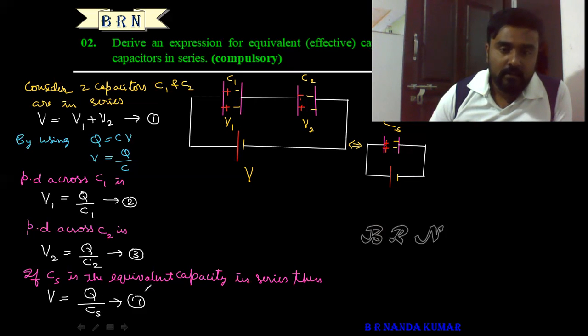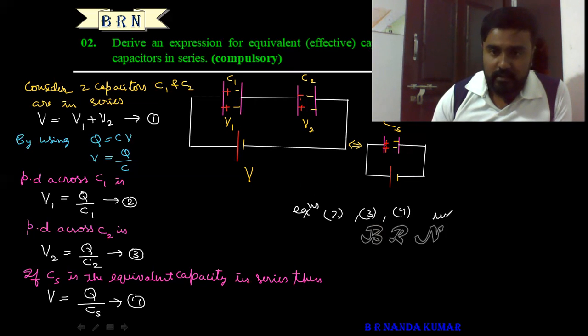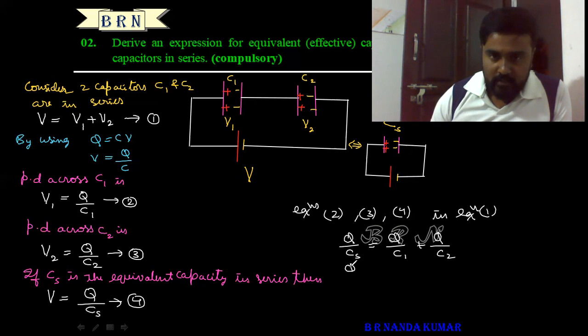Now substitute equations 2, 3, 4 in equation number 1. Then we will get Q by Cs is equal to Q by C1 plus Q by C2. Q by Cs is equal to Q, taken as common, 1 by C1 plus 1 by C2.